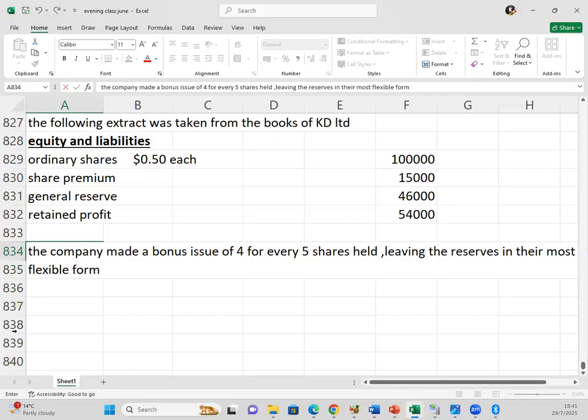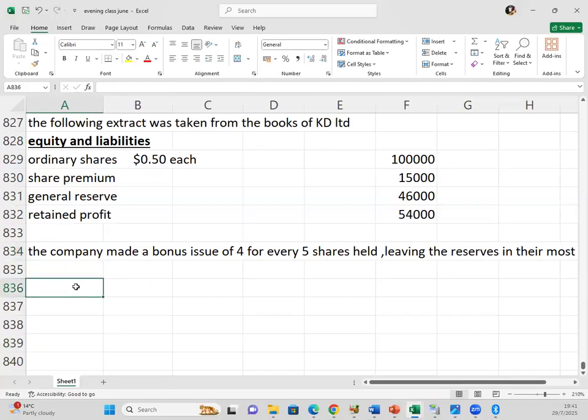So show the journal entries to account for the issue.